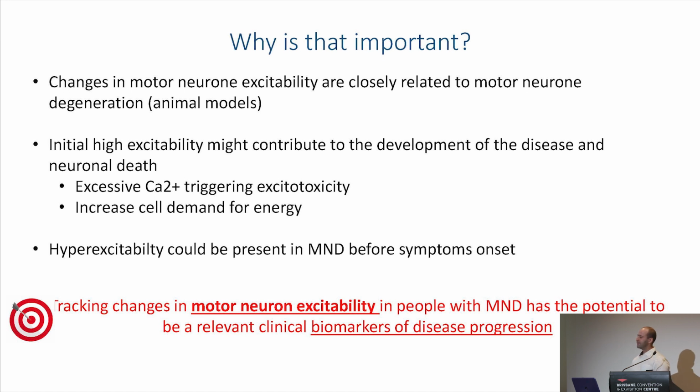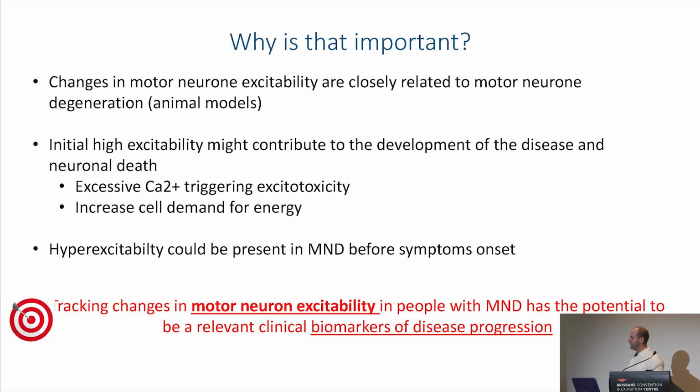So why is that important? Changes in motor neuron excitability really seem to be closely related to the degeneration in animal models, but we don't know if that's the same thing that happens in humans. Some people think that because the excitability gets too high at the beginning of the disease, that puts a lot of energy demands on the motor neurons, and the motor neurons might get overloaded with energy demands, and that's why they start to go down.